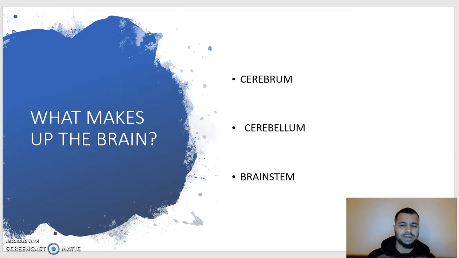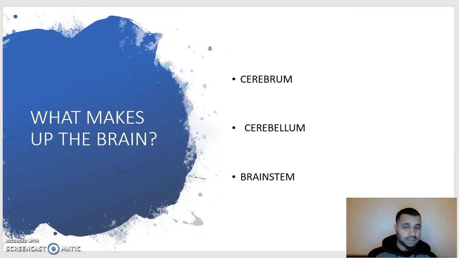It's called the right and left hemisphere. And it performs higher functions like interpreting touch, vision, and hearing, and also reasoning and our emotions and control of movement of our bodies.